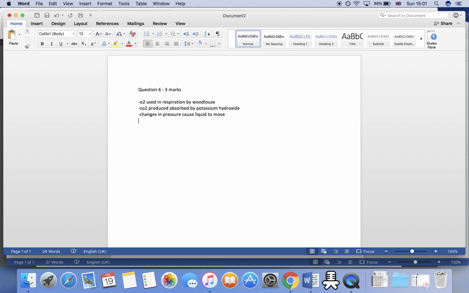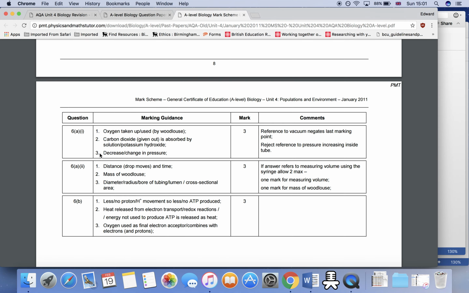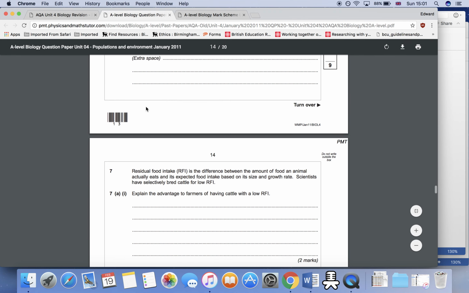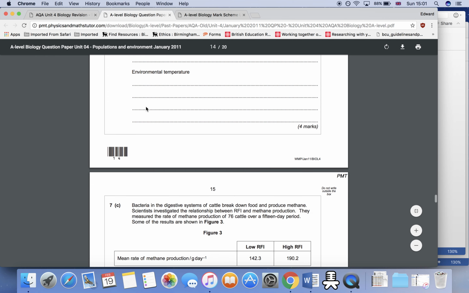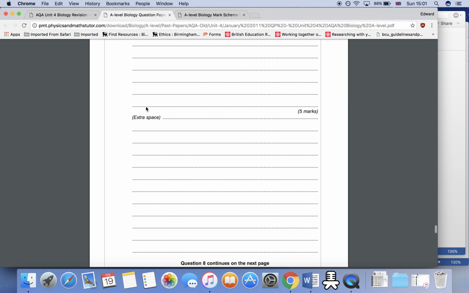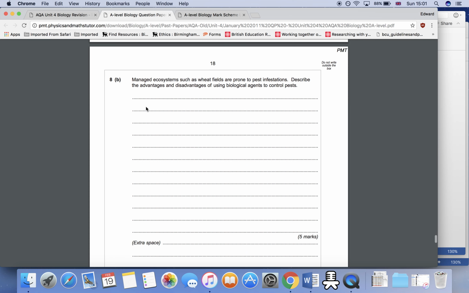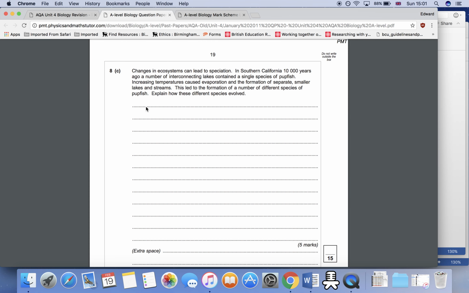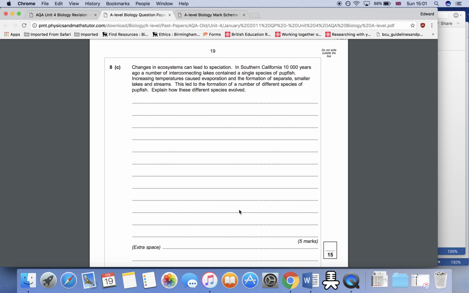Another question, which I think is a good example of how we can answer the question in a much shorter space of time and get through more questions, is this one, 8C, 5 marks.